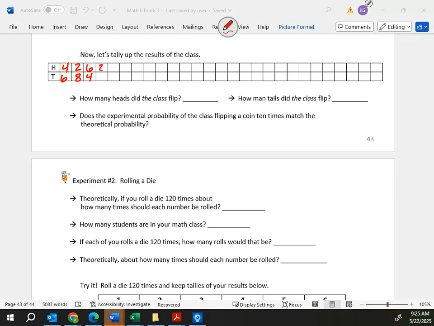Emma, 2. Charlie. Bennett. Bennett, how many times did you flip your coin? 8. Yeah, so it should be 1 and 6. 4 and 6, okay. Sophie? 4 and 6.